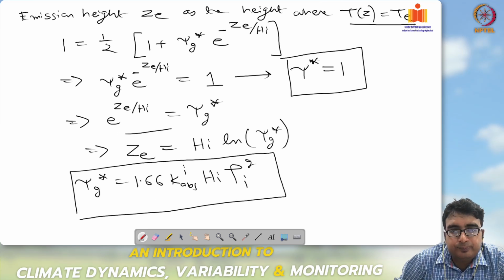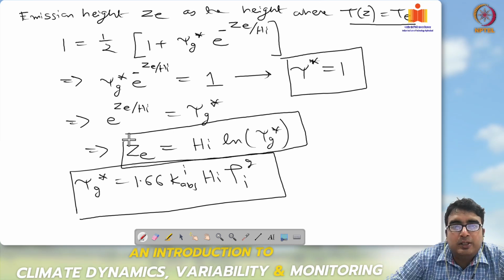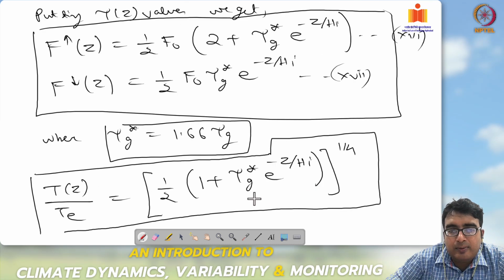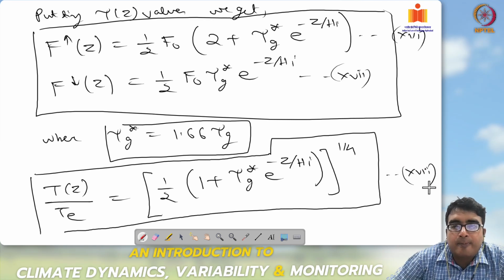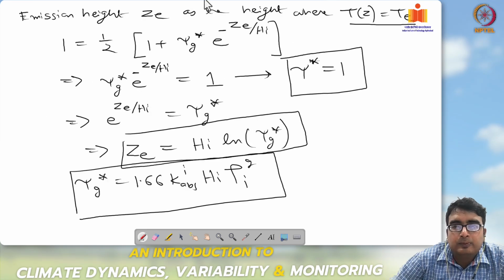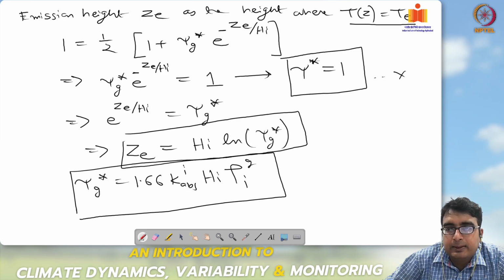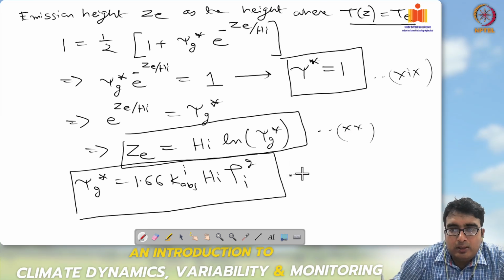So these are the three expressions here. Let me call this 8, this 19, 20, 21.